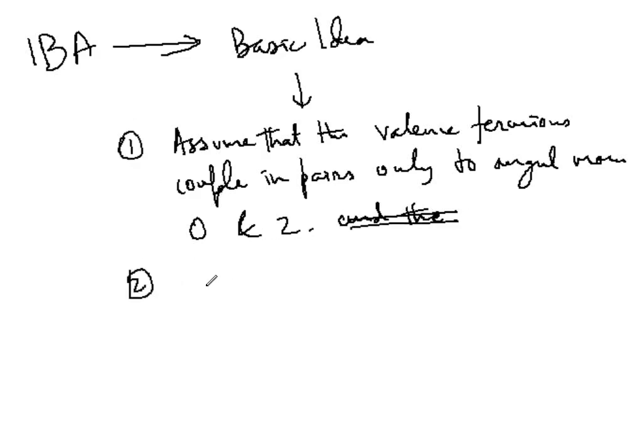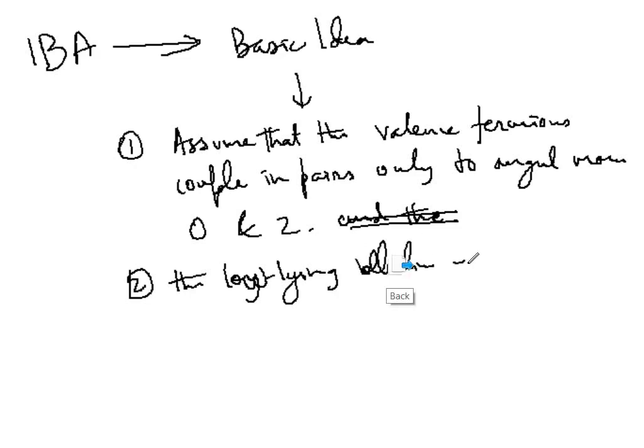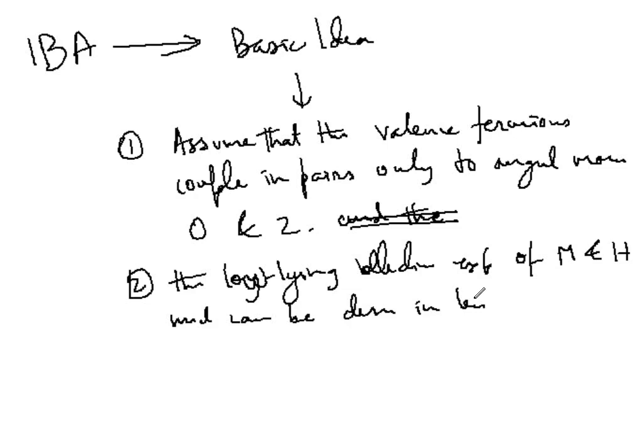Number two, you can think of it like that the low-lying collective excitations of medium and heavy nuclei can be described in terms of energies and interactions of such pairs.